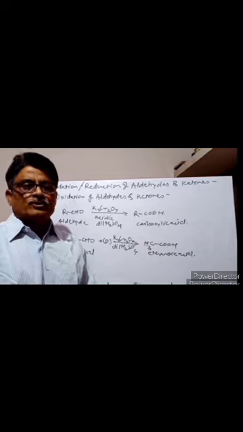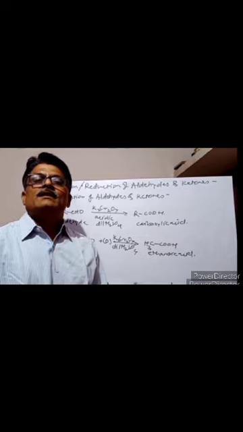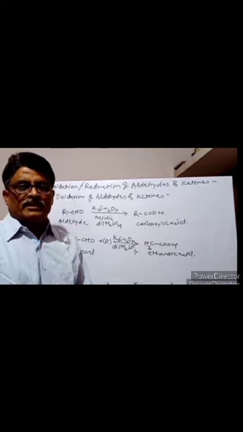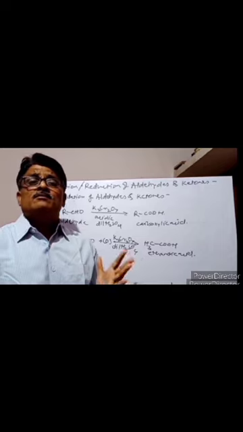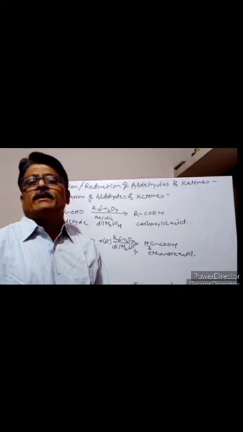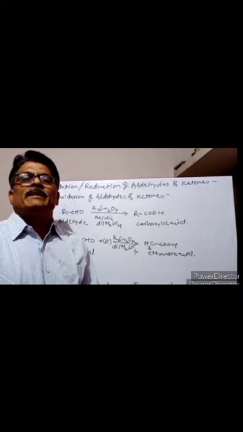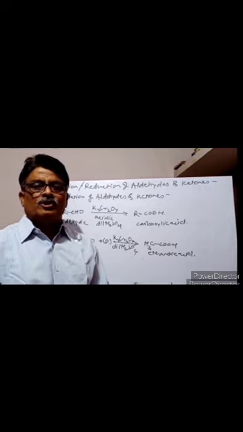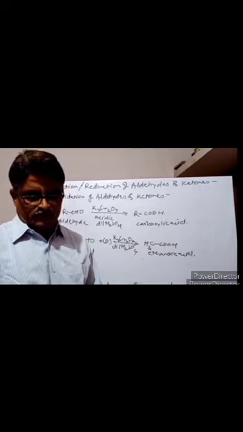This is the oxidation of the corresponding aldehyde to carboxylic acid in presence of a mild oxidizing agent like dilute nitric acid, potassium permanganate, or acidified potassium or sodium dichromate.